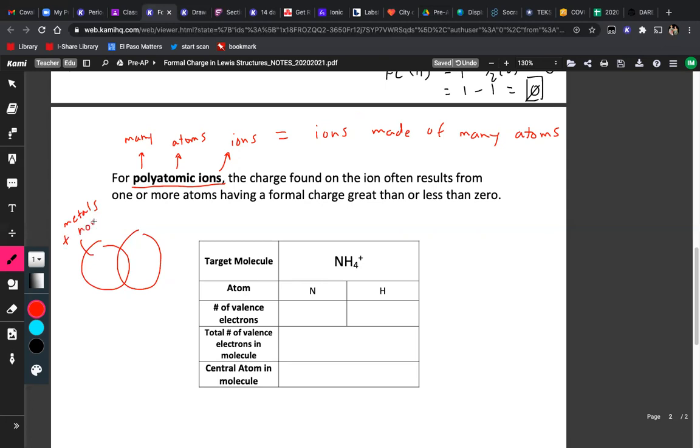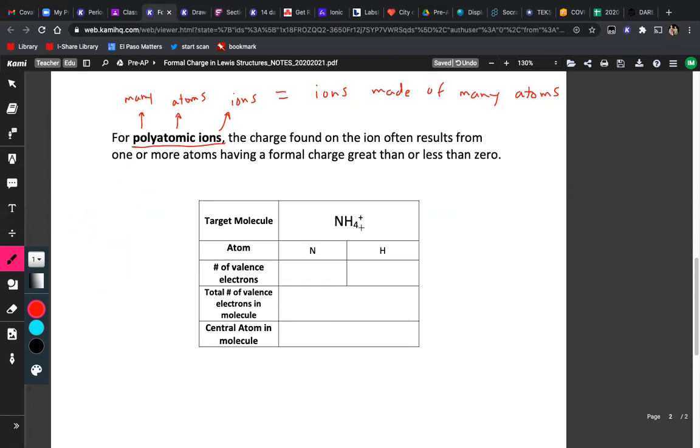But that's not always the case. And that's where polyatomic ions come in. We can have some ionic compounds that don't have any metals.